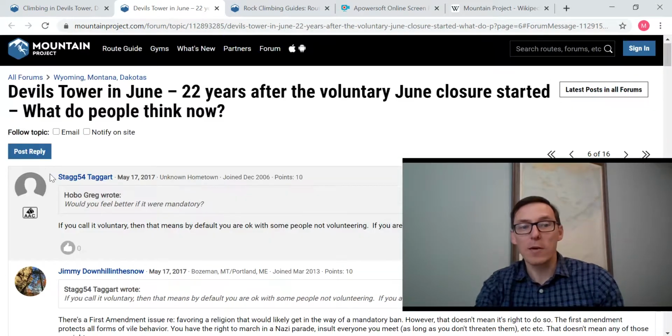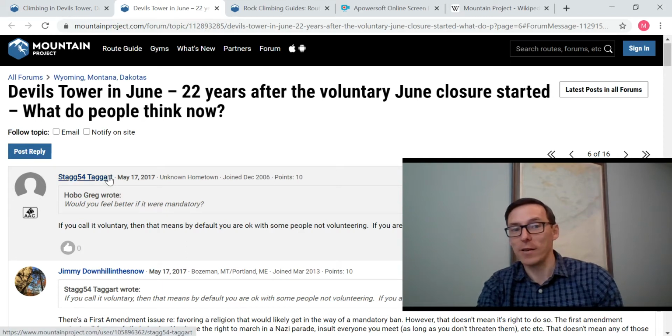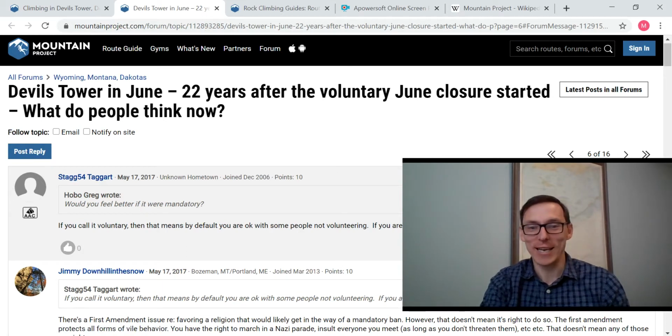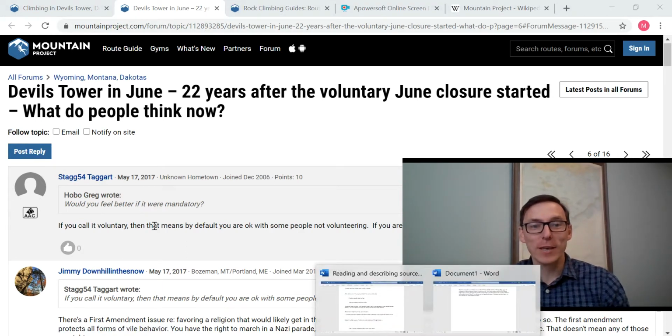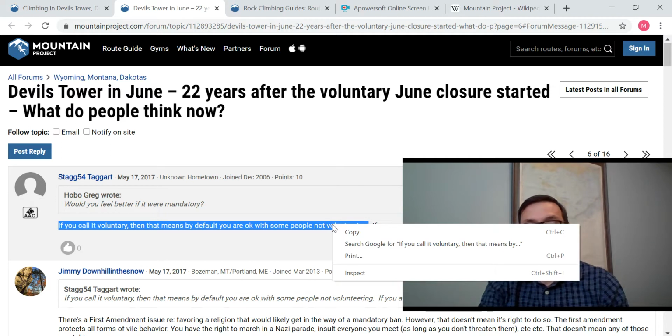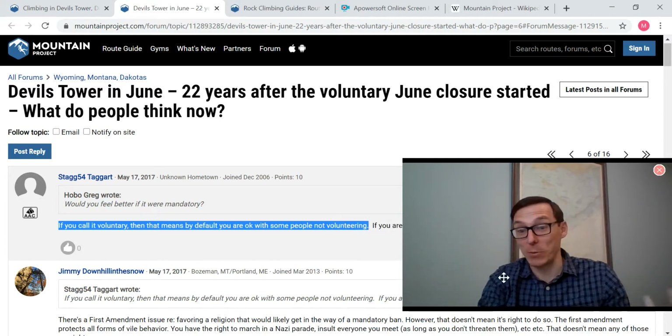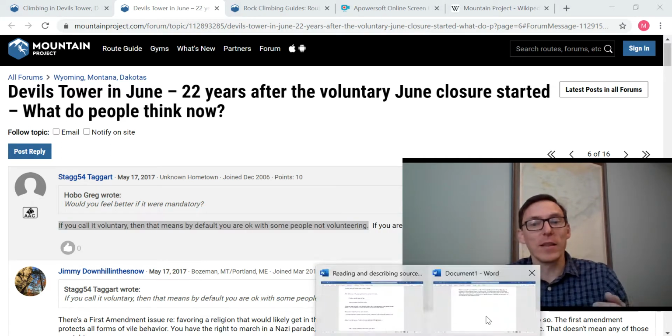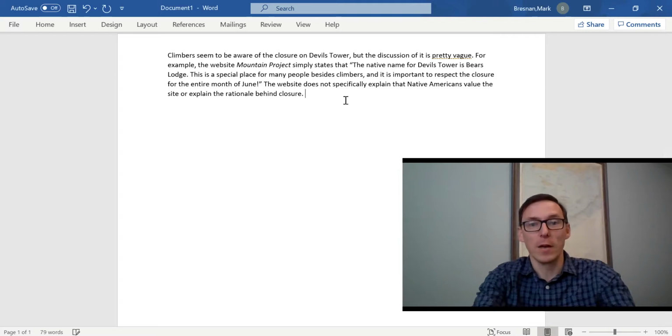Now, can I quote from Stag54 Taggart? Sure, of course I can. I just need to point out, when I do that, that I'm quoting some anonymous person, right? So maybe I find that this quote's really interesting in my paper too.